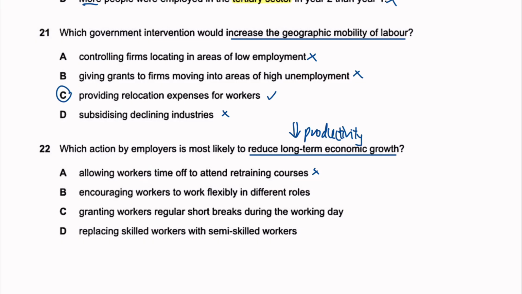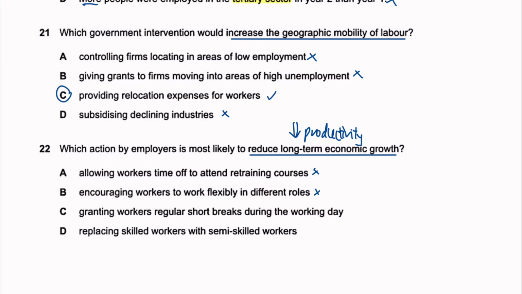So it actually improves occupational mobility. This means that workers are able to switch from one job to another. So yes, it will increase their productivity.